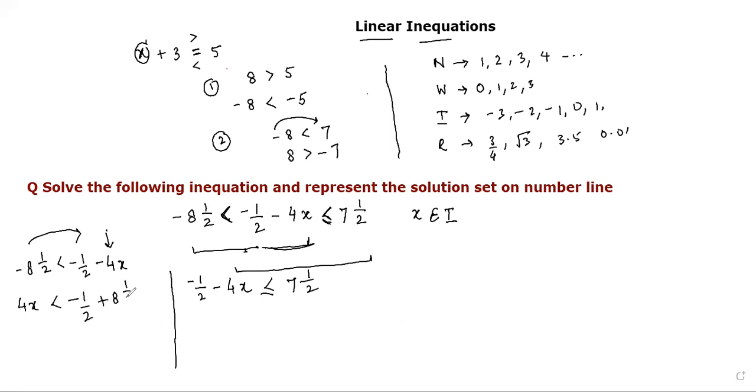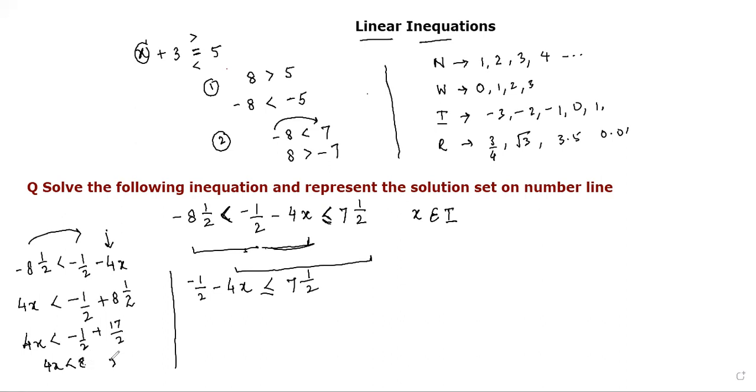Now this is very, very basic maths. So 4x is less than, now how should we solve this? Minus half plus, this is a mixed fraction, so 17 upon 2. Okay, so 4x is less than equal to, how much will be this? 8, right?